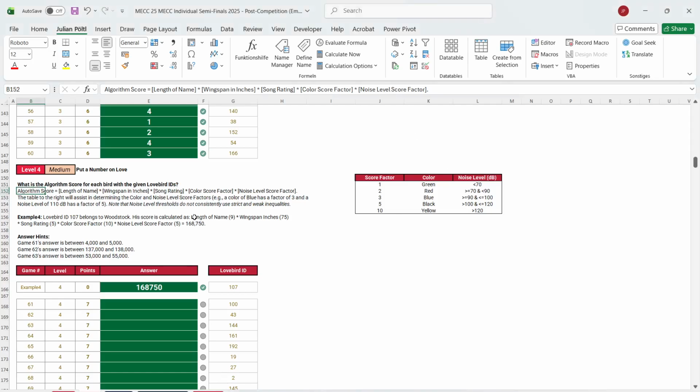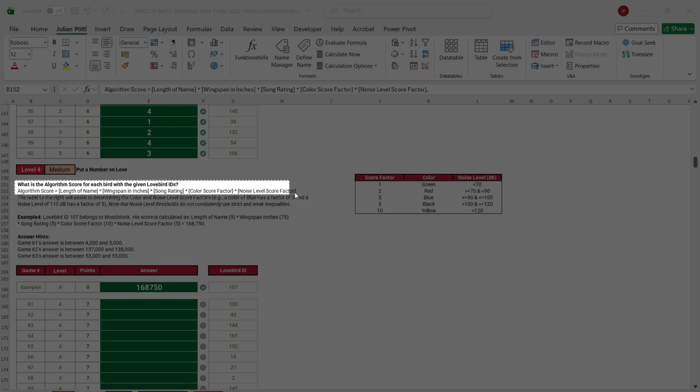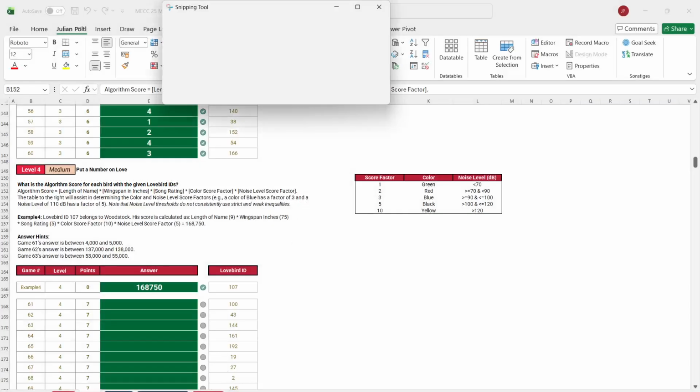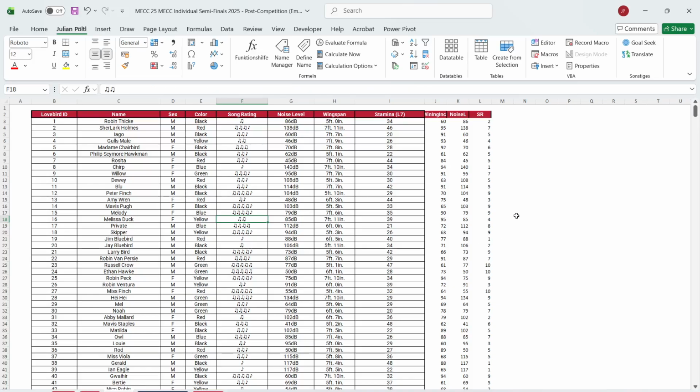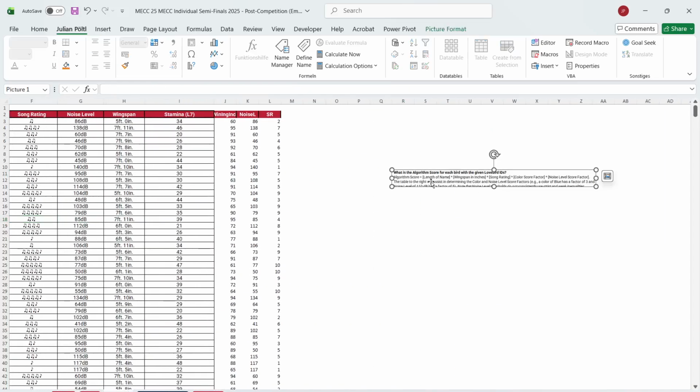So we're here at the algorithmic score. And that's crucial, I think. So length of name, or then name.